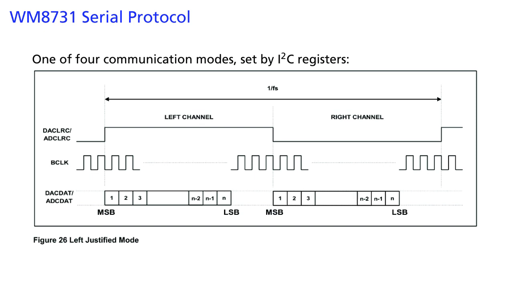In this particular mode, data is sent most significant bit first, and then finally the least significant bit. The left-right clock indicates when the sample for the left channel starts and when the sample for the right channel starts, and you alternate between these two. Interfacing with this chip amounts in no small part to generating these waveforms appropriately.